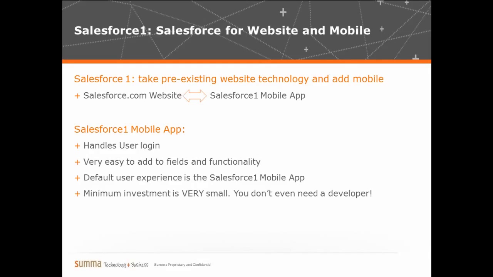Salesforce One takes your pre-existing website technology and adds mobile to that experience. So you're now able to handle your user logins. You can add your fields and functionality very similar to how you currently work in Salesforce as an admin. You can default your user experience to just the Salesforce One mobile app, and at minimal investment, you do not even need a developer.